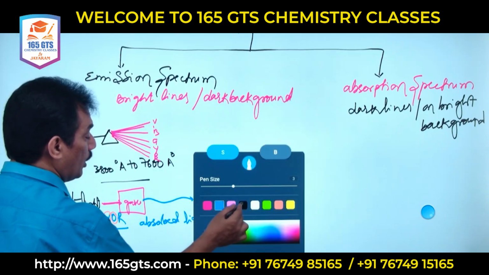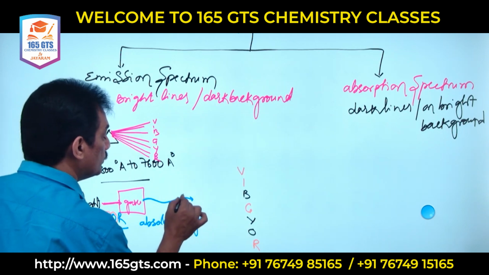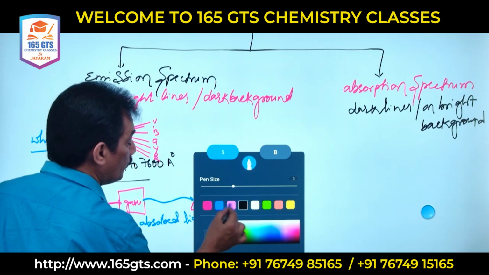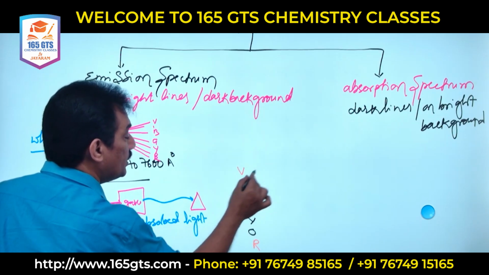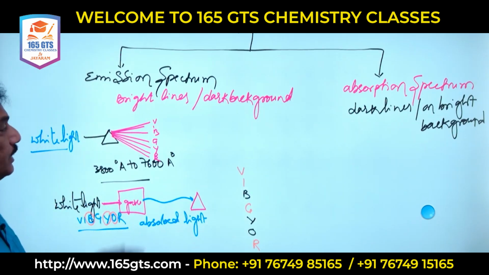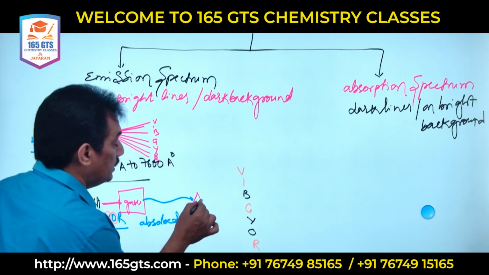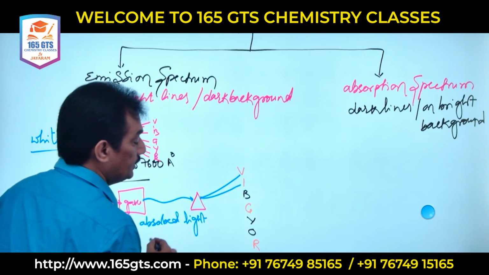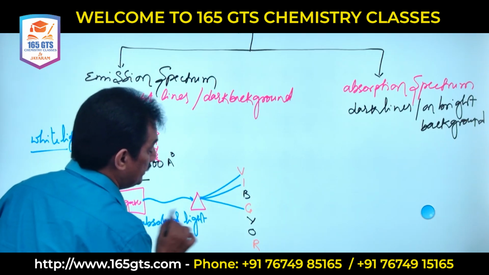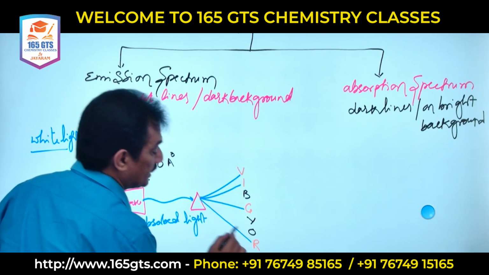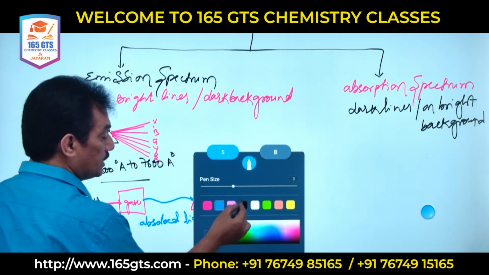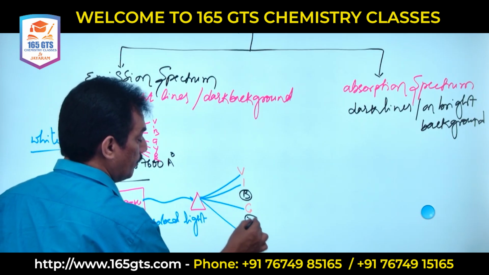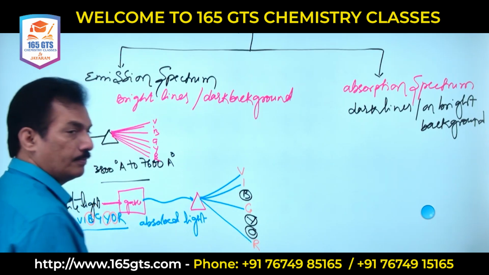Simply by passing this through a prism and making it fall on the surface of the spectrographic plate. Then indigo, violet, green, and red will be present. The remaining ones are missing.